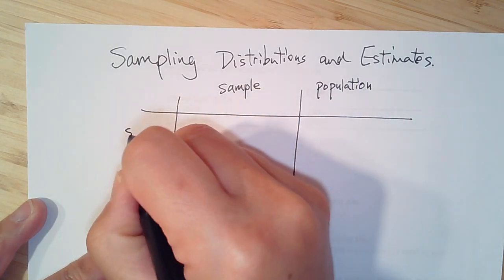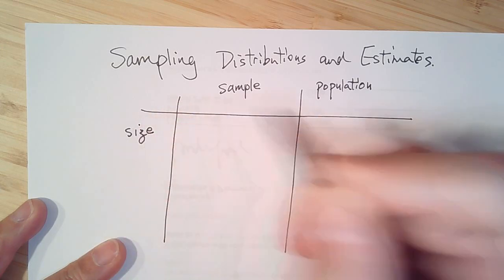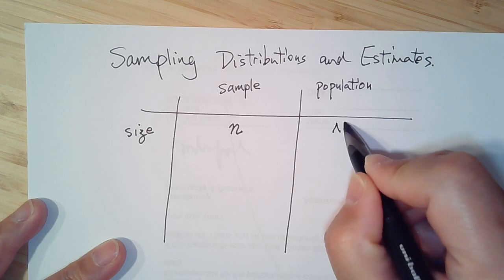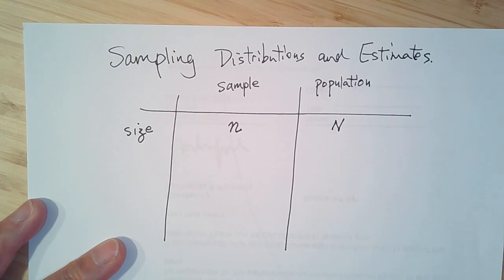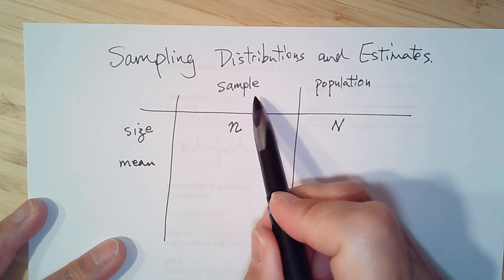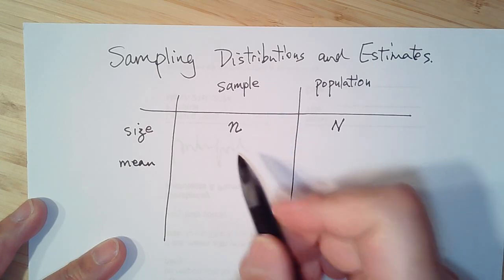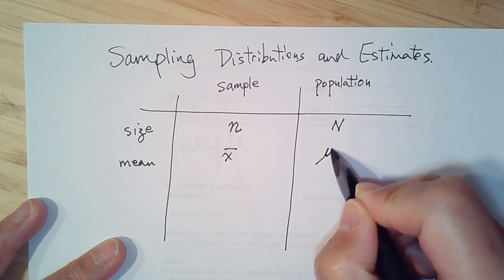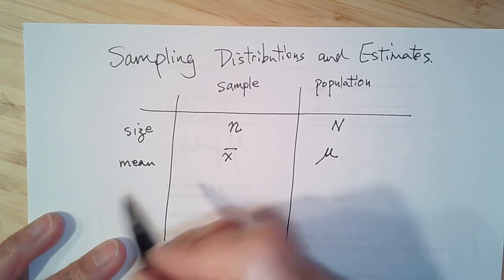If we talk about a size, what do we use? Little n, and then we use capital N, right? And the mean: sample mean x bar, population mean mu. Okay. Standard deviation.